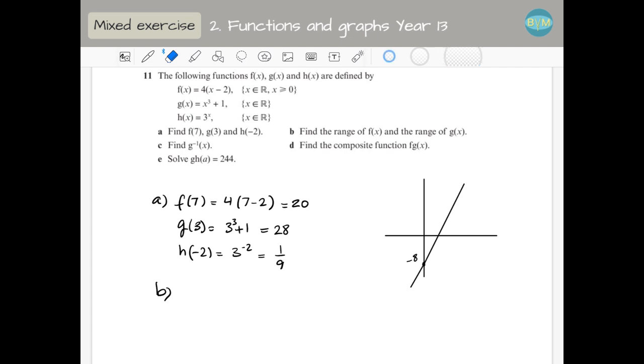We don't have this part here, which means our y is going to start at minus 8 and go up, all those values of y, but I don't have any value of y below minus 8. So the range of f(x) is going to be greater or equal than minus 8. That's the range of that one.